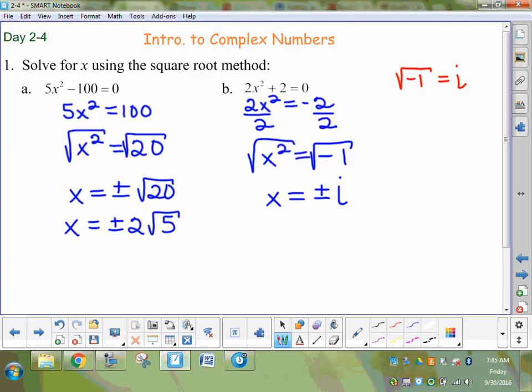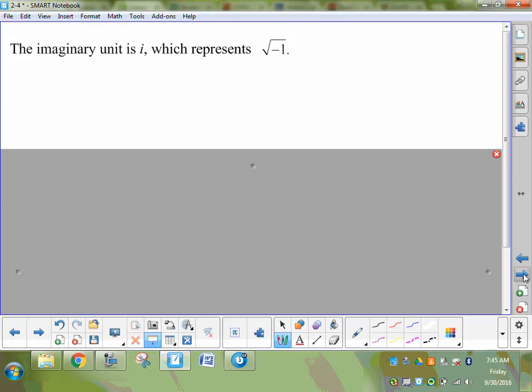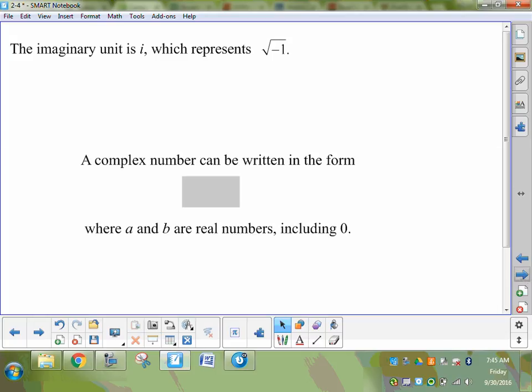Another thing that we'll work with quickly, the imaginary unit, which is i, represents the square root of -1. Complex numbers can be written in this form, a plus bi form. And I'm going to ask us to go through and list this out. I can't remember if I put this in here or not. Did not yet.